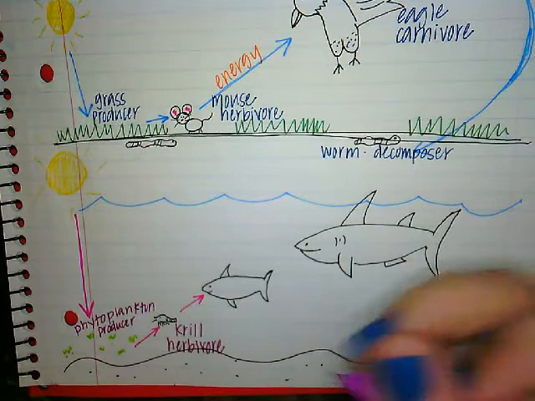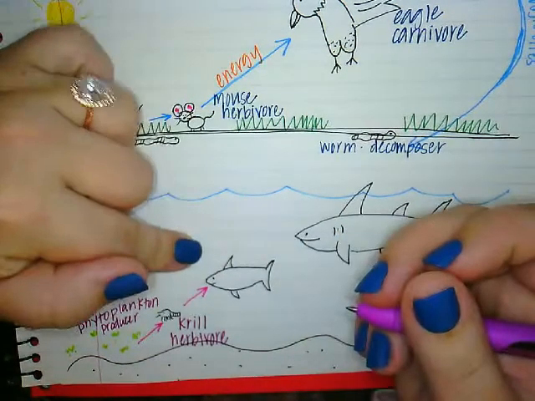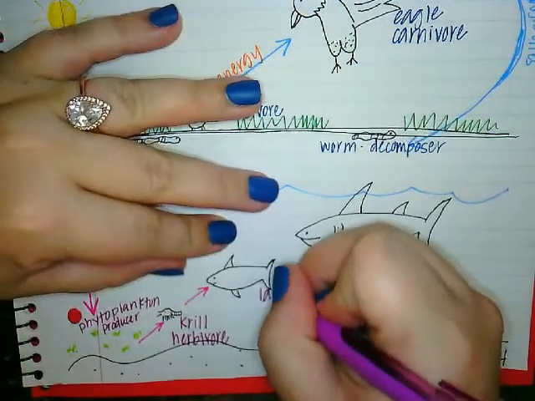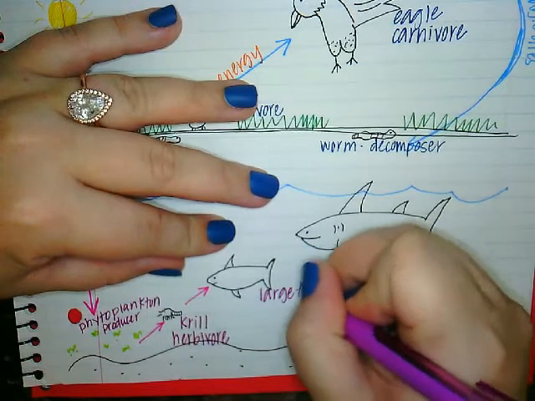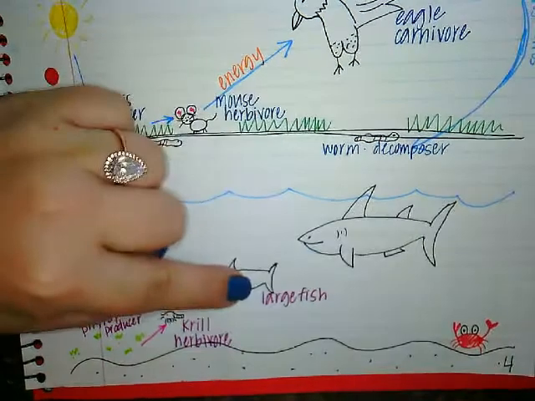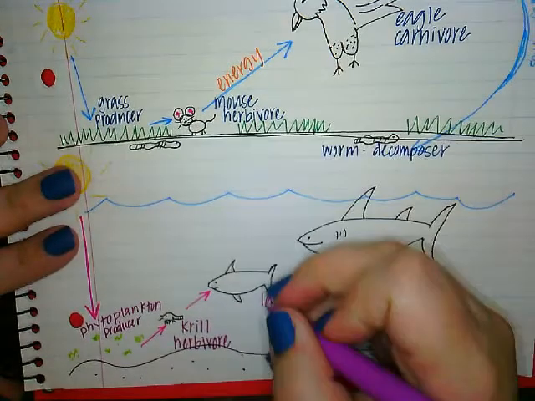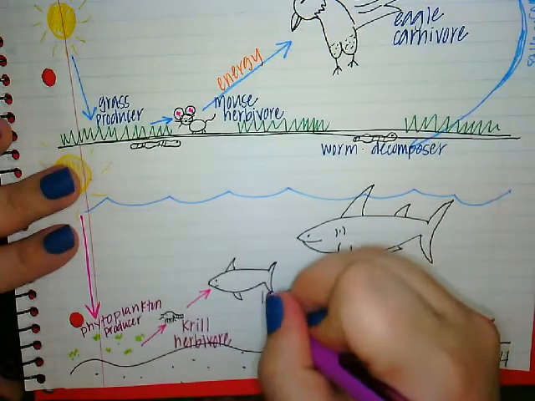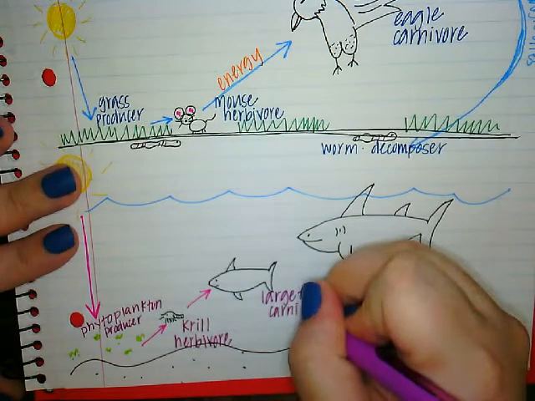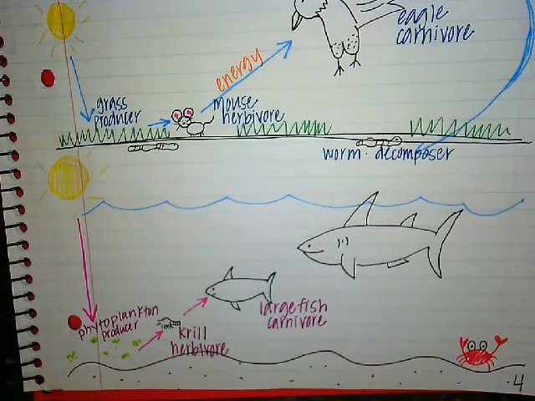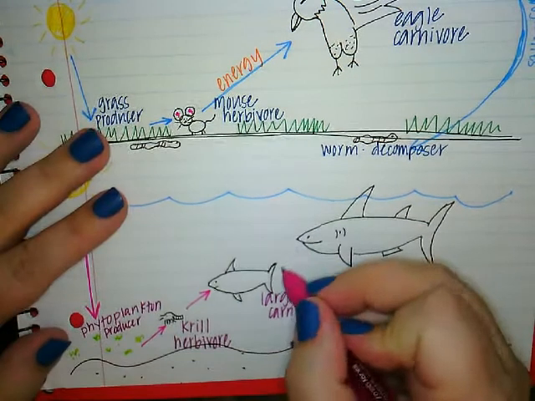But krill are herbivores because they eat phytoplankton, which uses photosynthesis to get its energy, and they're producers. The krill is going to get eaten or give its energy to this friend here, who, if you are a fish friend, you like to fish, you like deep sea fishing, then you probably have a better name. We're going to call him large fish. Okay, large fish eats the krill, which makes him a carnivore.